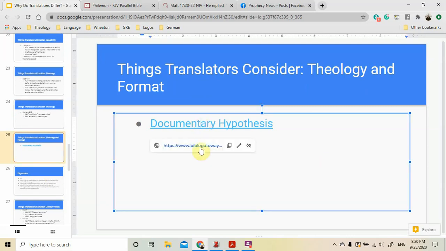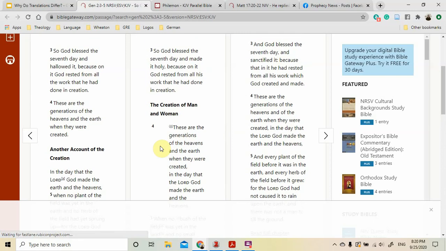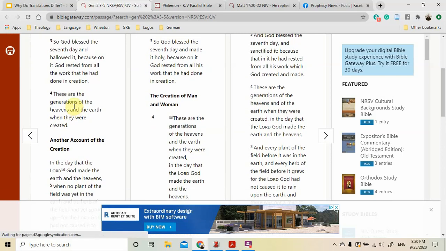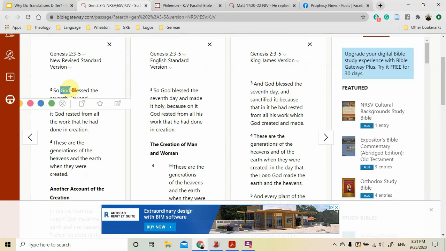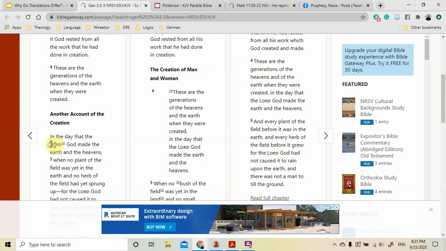I'll do this real quickly. Another one is this thing called the documentary hypothesis, and not to get into all the weeds, but it's pretty much that some people understand that the Old Testament was stitched together from different sources, and we can tell those sources in one way because of the way that God is referenced. So in Genesis 2, verse 3, it says God blessed, and then in verse 4, it says the Lord God.